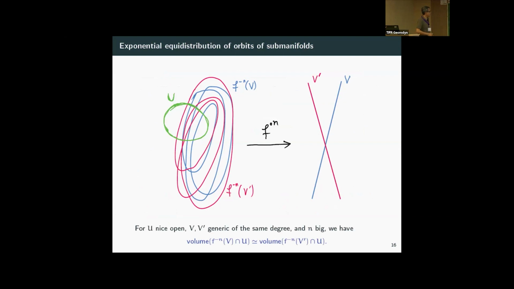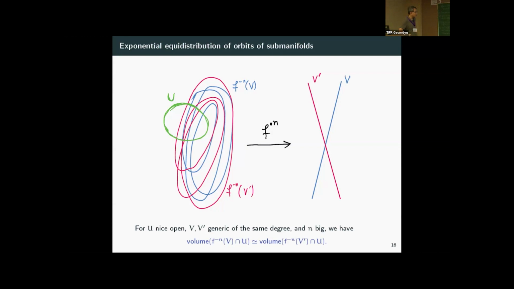You have some algebraic set of higher degree, and if U is a nice open set, I'm not going into the details here, you consider the red set, which is of dimension k minus p, and a blue set also of dimension k minus p, and you compare their volume, the real dimension 2k minus 2p volume.